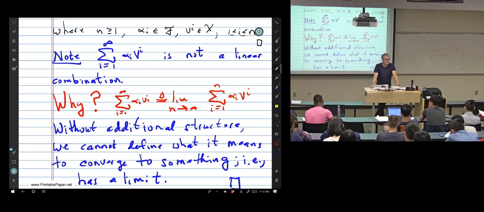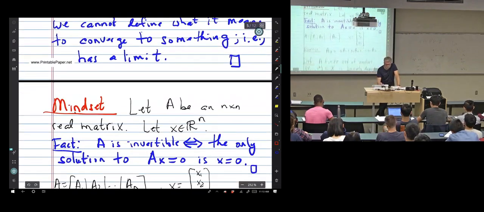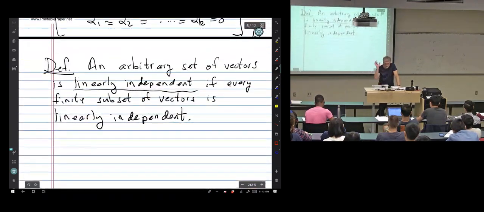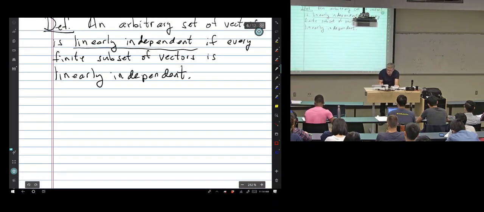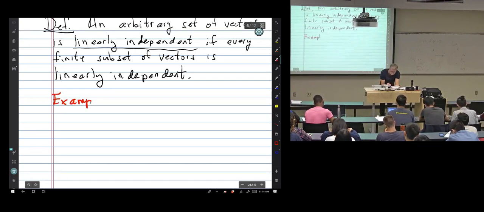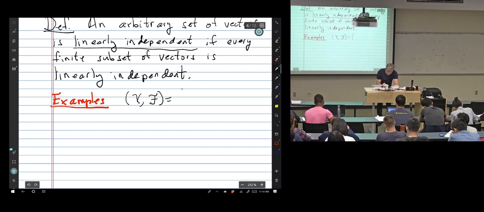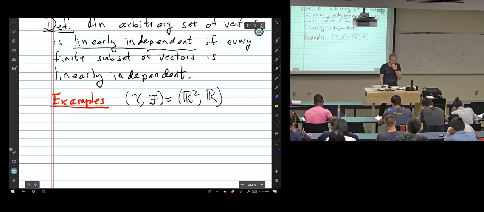Other questions? Okay, so that's the notion of independence, and it's really tied to uniqueness of solutions of equations and many things like that. So, examples. How do you check this? How do you do this? So, we'll take X equal to R2 and F equal to R. I'll let v1 equal (1, 1).